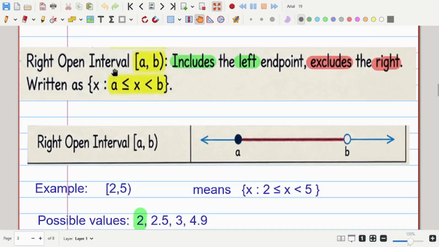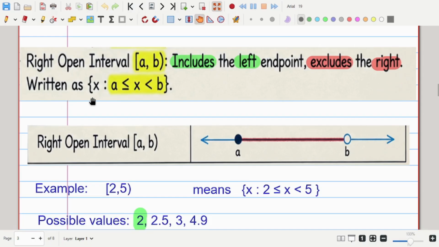Right open interval means exclude the right endpoint and include the left endpoint. Right open means use a round bracket on the right side and a square bracket on the left side. Round bracket means exclude the right endpoint and square bracket means include the left endpoint.